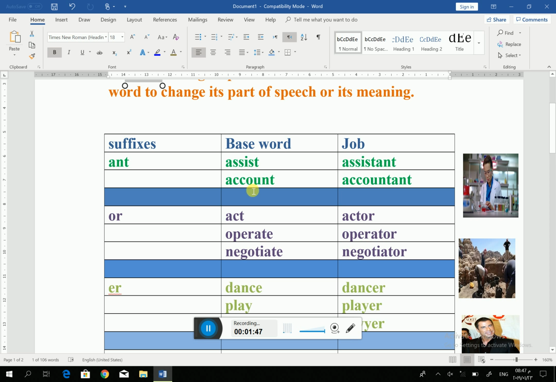If you could account, you may be an accountant in the future. So assist is a verb, assistant is the job or the noun. Account is a verb, accountant is the job and it's a noun. So you form jobs using ant, like assist, assistant, and account, accountant.